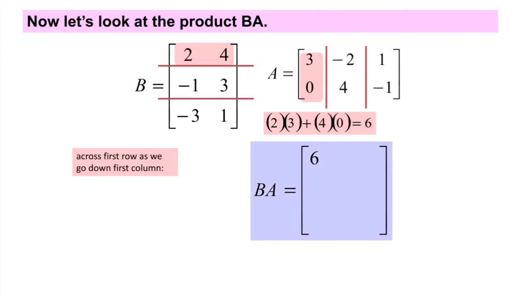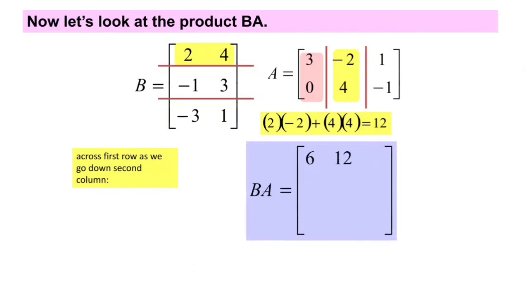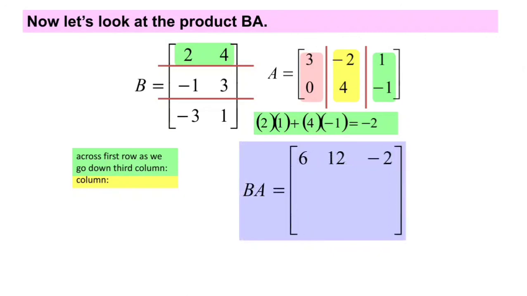Again R1C2 means across the first row as we go down the second column, that is 2 into -2 plus 4 into 4, 16, means -4 plus 16 is 12, the second element. Next R1C3, across the first row as we go down the third column, it becomes -2.